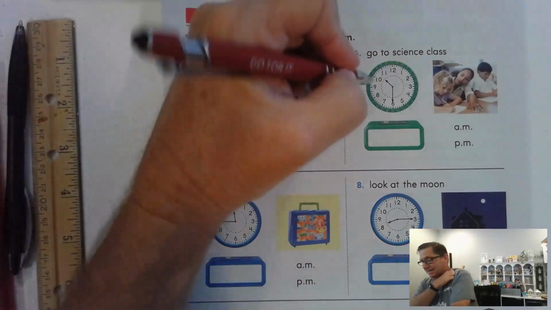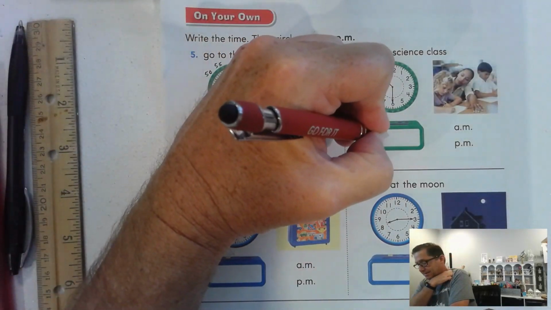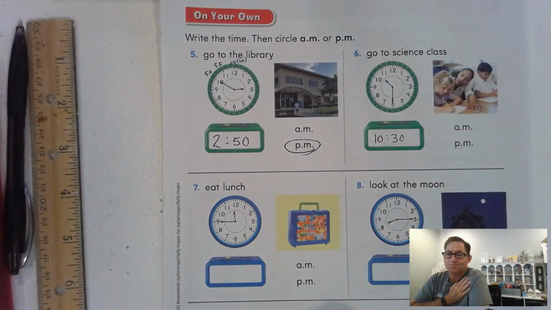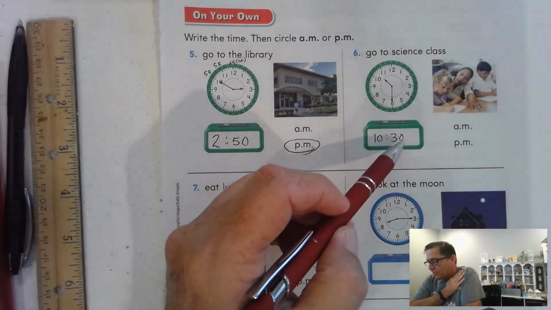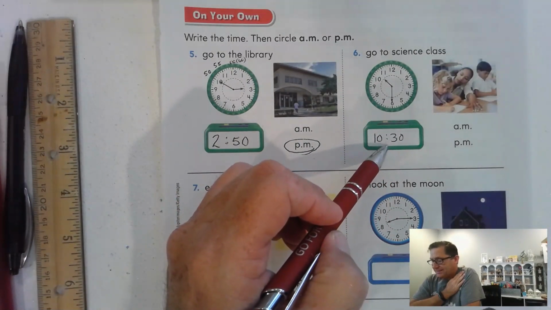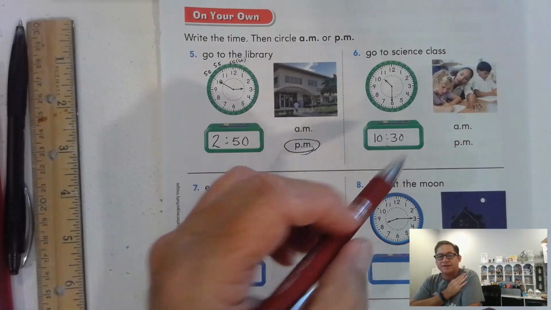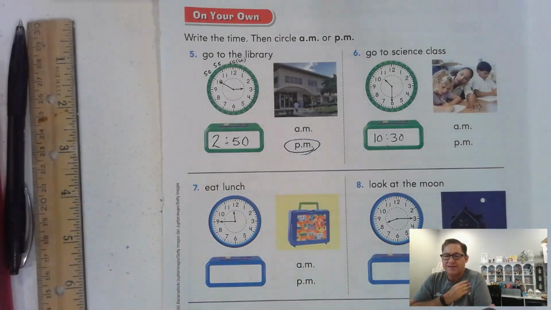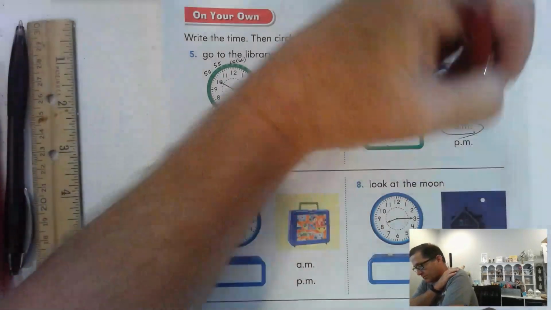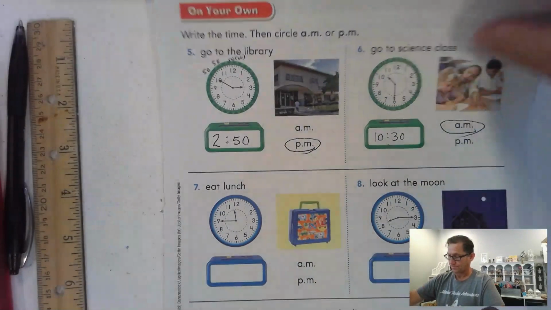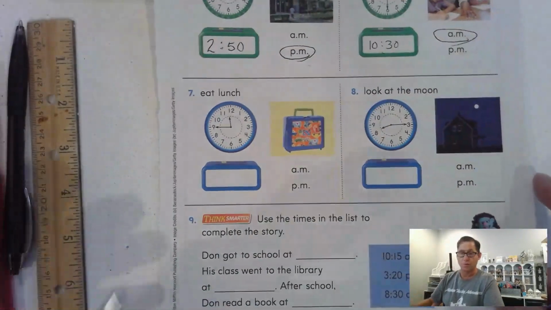Go to science class. 10:30. You wouldn't be doing this at 10:30 at night, what we would consider nighttime. So you'd be doing that in the morning at 10:30, before 12 noon.